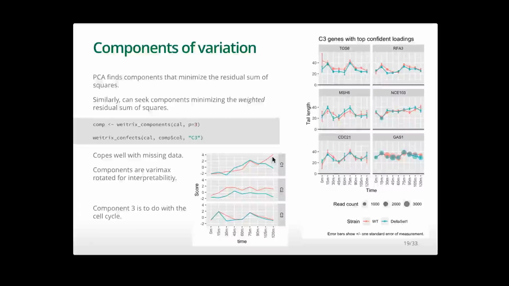And we can also see that funny stuff that was happening at the last time point we saw in the weighted residual plots. And then if we're particularly interested in this component, we could look at top confident loadings, and that picks out an interesting set of genes. So once your data is in this weighted matrix form, you have all these different ways of interrogating it.